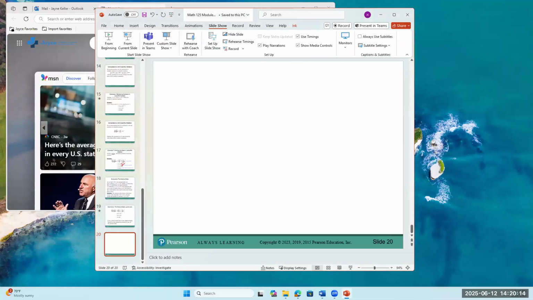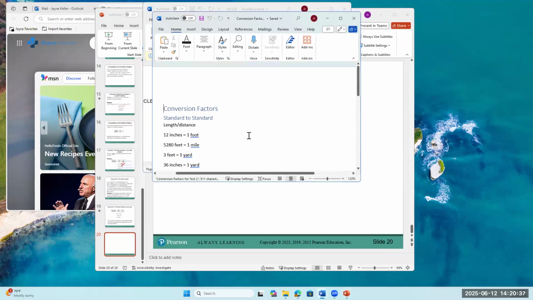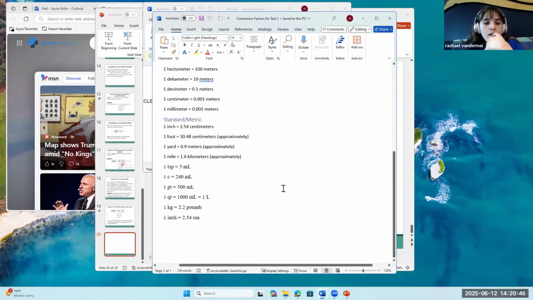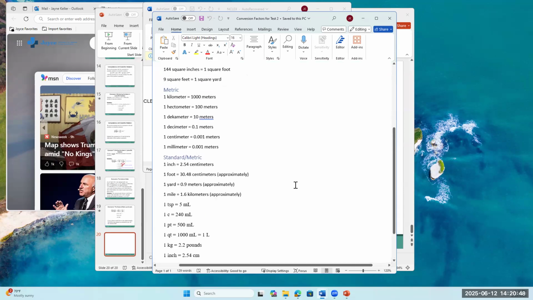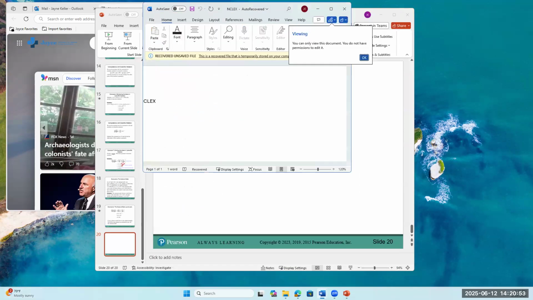Okay, can you see the conversion factors? Okay, so that's not what we want. Standard to metric. Oh, this is the wrong one. Whoops. Hold on. That's the old one.